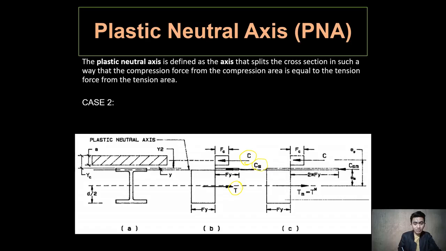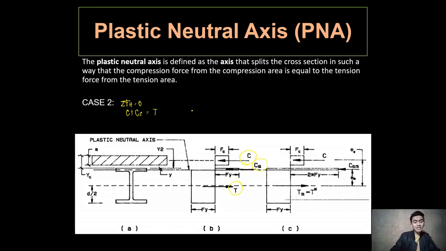If I were to take summation of forces horizontal, considering that diagram, I will have the compression due to the concrete slab plus the compression due to the steel area, take note, the small part above our plastic neutral axis, equal to the tensile force. So that is the basic concept under case number 1 and case number 2 for this method.